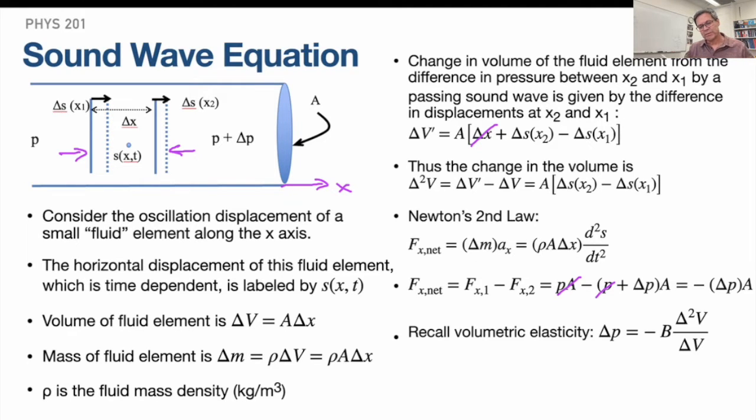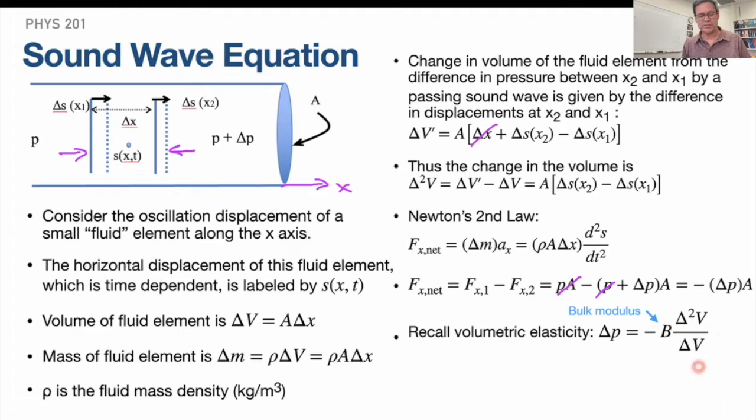So what happens if you apply a pressure to an object, that will change the volume of that object depending on some coefficient, and that coefficient is known as the bulk modulus of that material. So if I increase the pressure surrounding a volume of material, so let's say my volume element of air here in my tube, if that pressure increases, it will shrink the volume, that's the minus sign, in a relative sense.